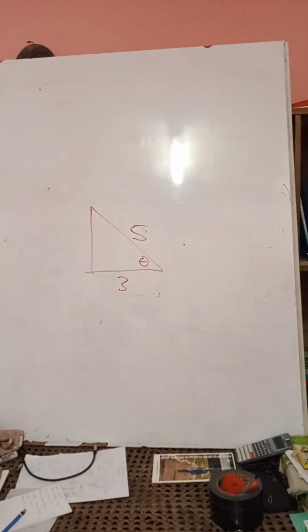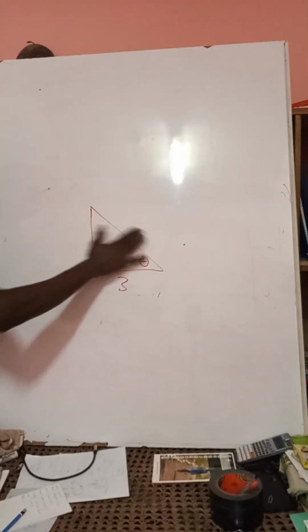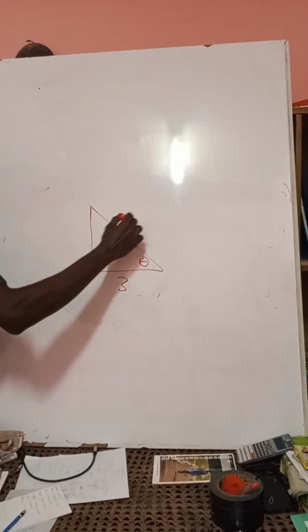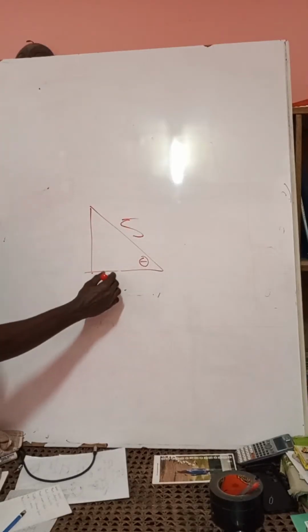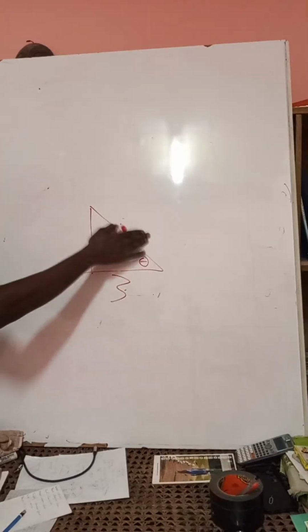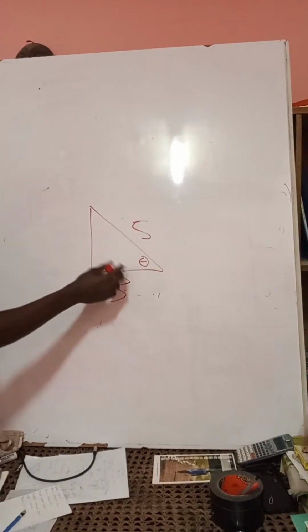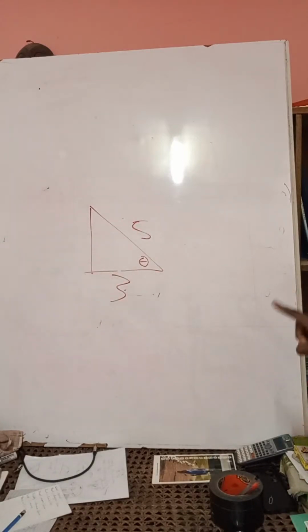It's 4? Pardon? Theta, you are finding the angle. Okay, it's okay, I'll do it. I want you to see what you understand. You have here to be 5, we have here to be 3. So find the angle here.